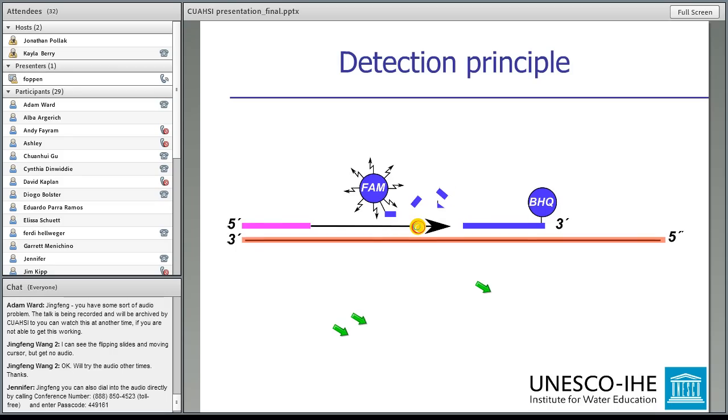moves in this direction, it then starts to break down this probe, and when it does, the fluorophore enters the environment of the sample, and once it is away from the quencher, it starts to give a signal.